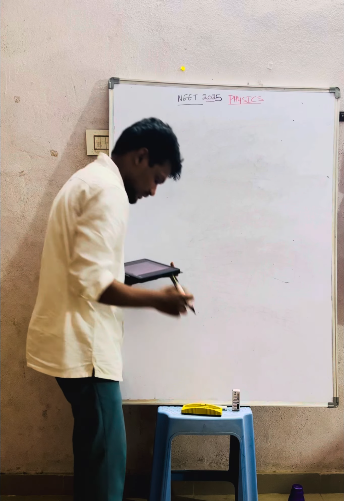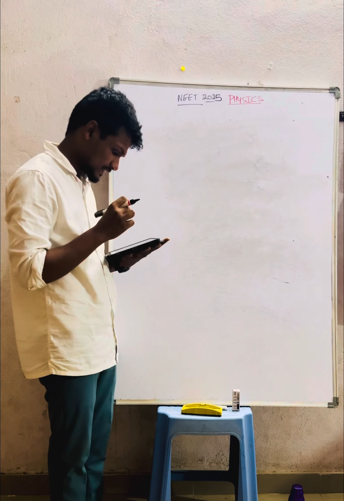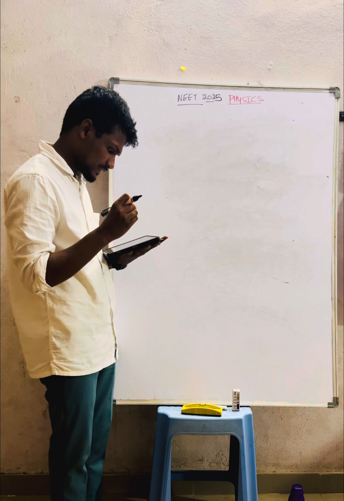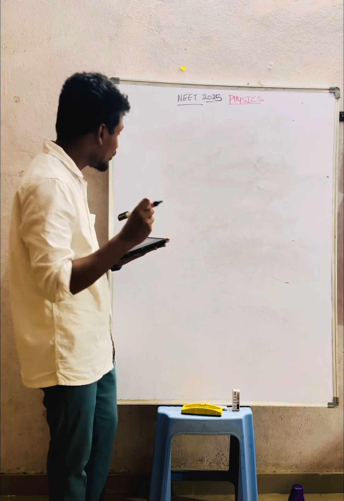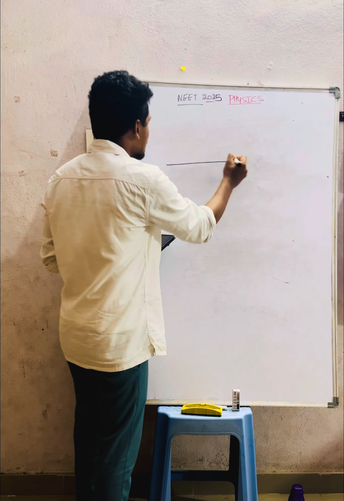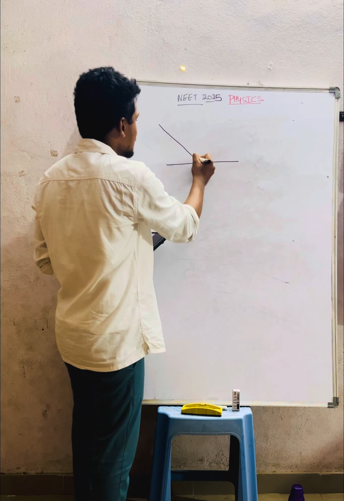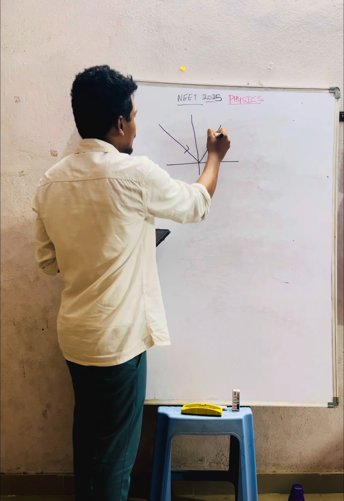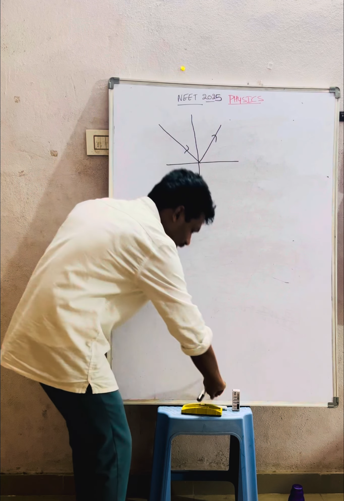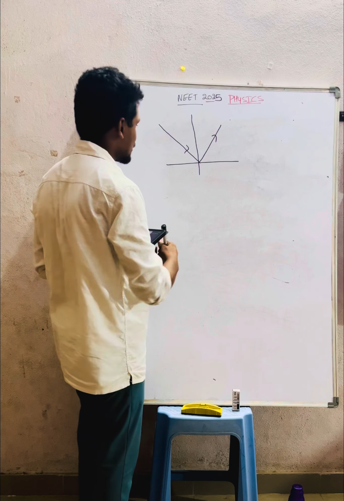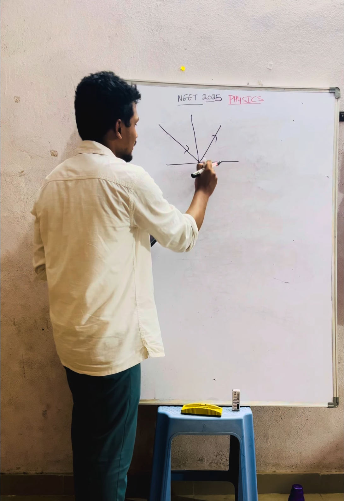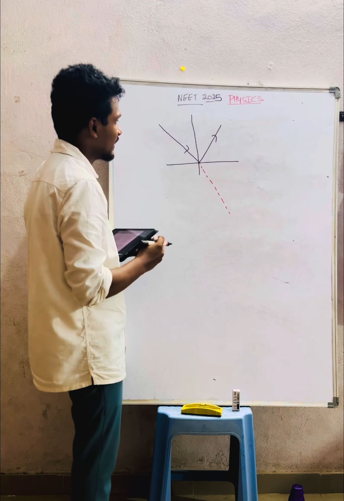Question number 7. In question number 7, we have unpolarized light which is incident on a surface. The light gets reflected and refracted. Let us show the refracted ray using some other color. So this is our refracted ray.